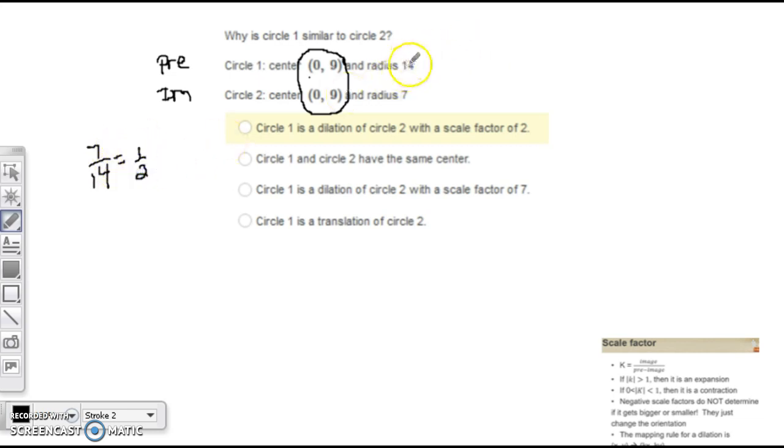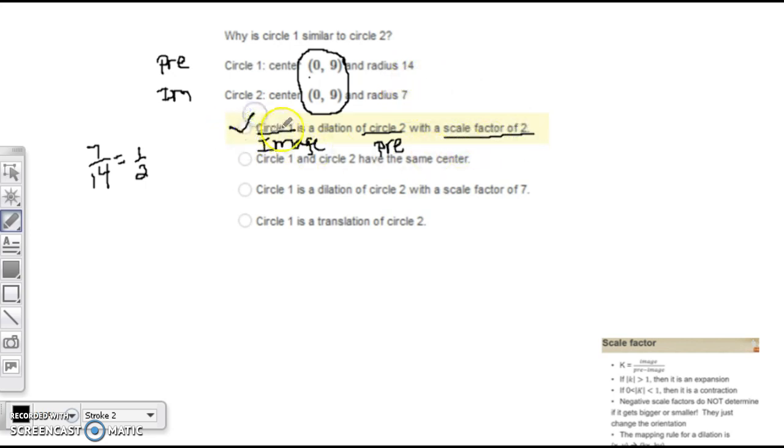We're making it half of its size. But in the answer choices, it says circle 1 is a dilation of circle 2. That means you start with circle 2 as your pre-image and you end up with circle 1 as your image. So if you start with circle 2, to get from 7 to 14, you are multiplying by 2.